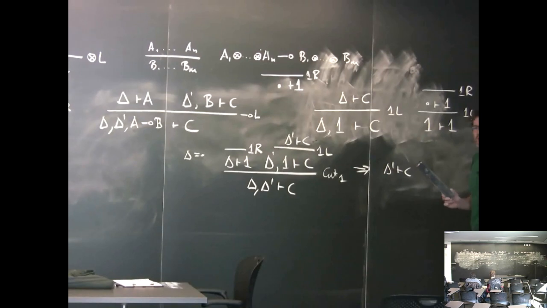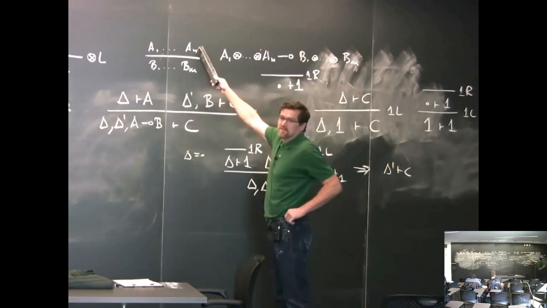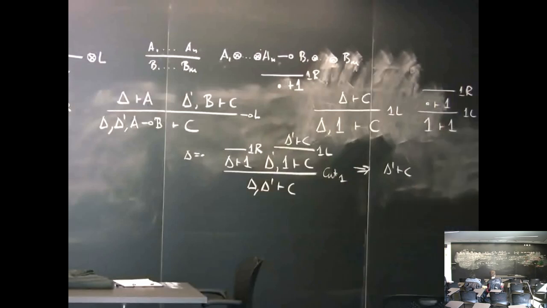And why did I need 1 for that purpose? In case one of them is empty. In case there's no conclusion or there's no premises, then this tensor becomes 1. Now I still can't write all the rules that we've had, because what's still missing?